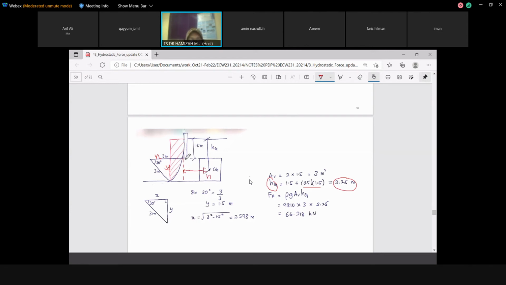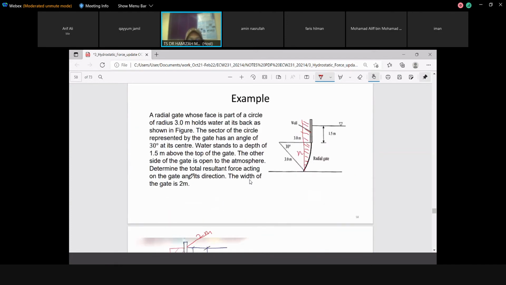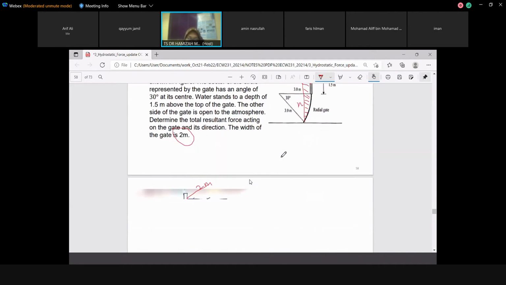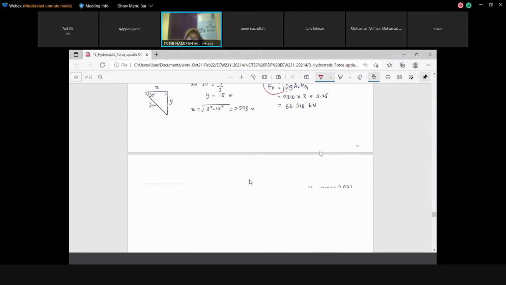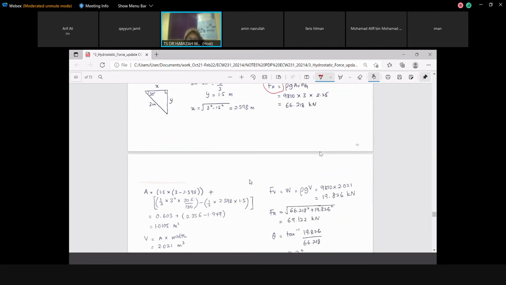Okay, so nak kira area adalah tinggi ni 1.5, darab dengan 2 ni adalah width to the wall ataupun length to the wall, 2 meter. From the question, you can get from the question. The width wide or it might be used length of the gate. Okay, and then just substitute to the formula, settle for horizontal forces.